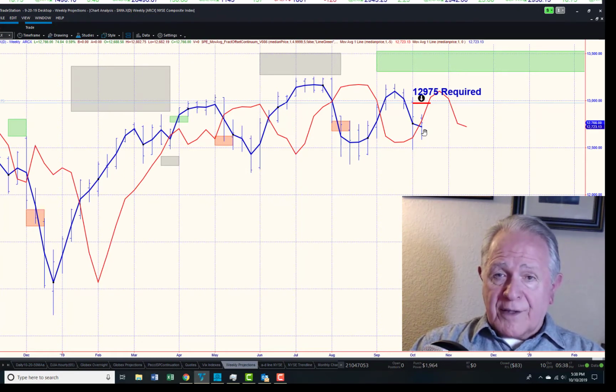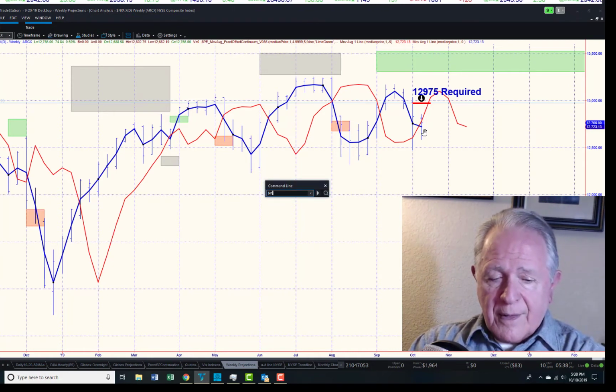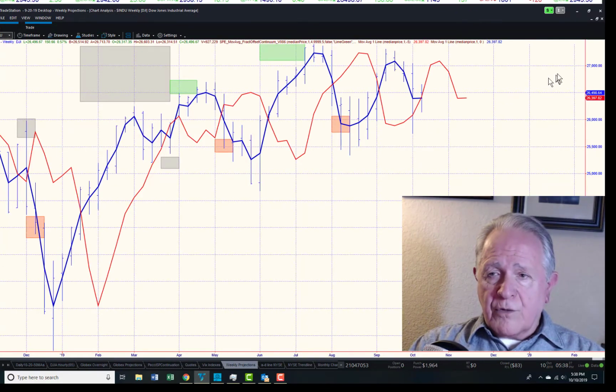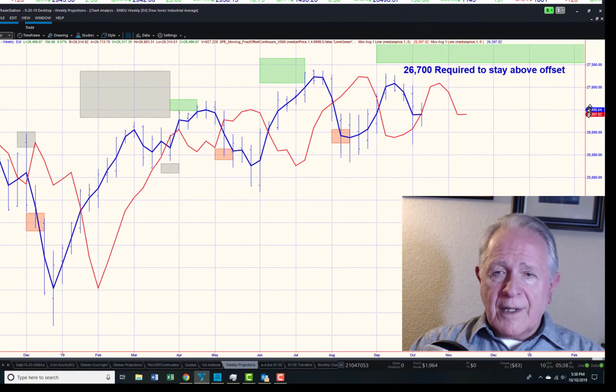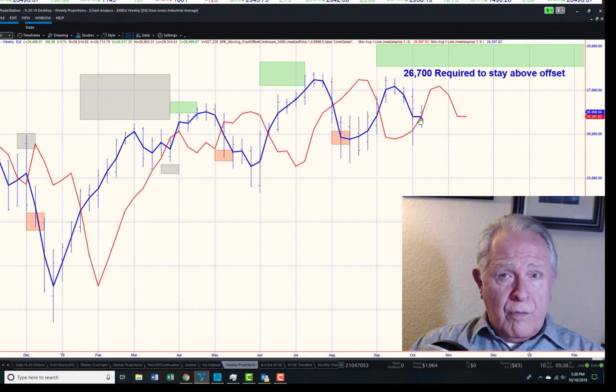But let's take a look at the same offsets with the Dow Jones Industrial Average and the S&P 500. Here's the same offset with the Dow. This is the number that's required on the Dow to stay above this offset line. Notice on the Dow, we're really close to being above it already.